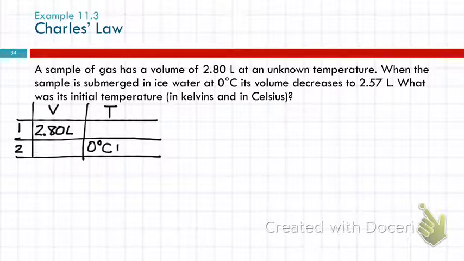So plus 273, so this is 273 Kelvin. That's the temperature, and at that temperature the volume is 2.57 liters. What was the initial temperature? So here we're looking for T1.